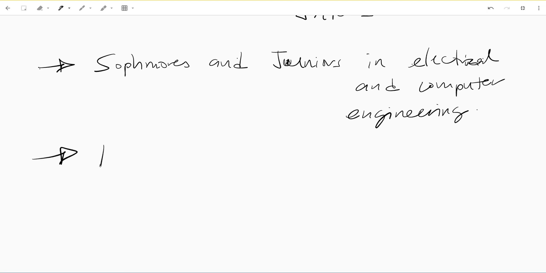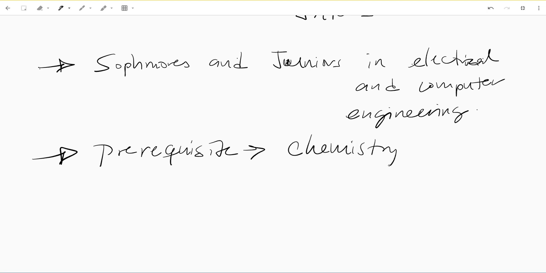Some prerequisites. Essentially the prerequisites which you should expect to know for this course are chemistry, physics, and math. This is in most universities a 100 level or sometimes a 200 level chemistry course.